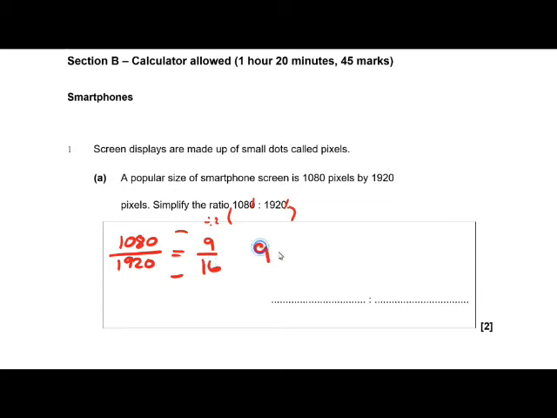So your ratio simplified is 9 to 16. So the calculator has done all of the hard work for us by simplifying a fraction and giving us the two numbers that these simplify to as low as possible.